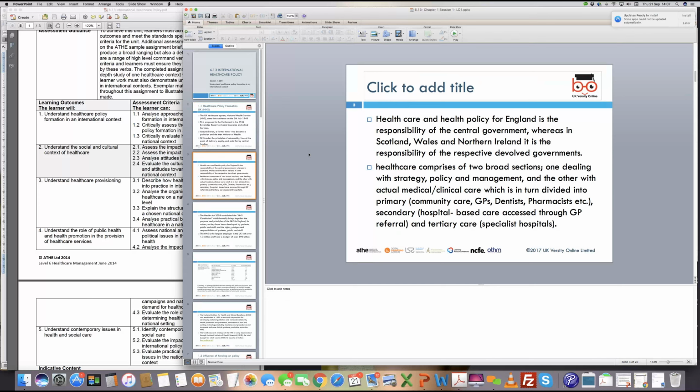One of the sections is within the NHS, which deals with strategy, policy, and management. That means sometimes you get to see, when you visit a GP practice or a hospital, that there is a practice manager. The practice manager is basically supposed to enact the policy and strategy which is set in general by the PCCT, which is the trusts which manage hospitals and GP surgeries across England, Wales, Scotland, and Northern Ireland.